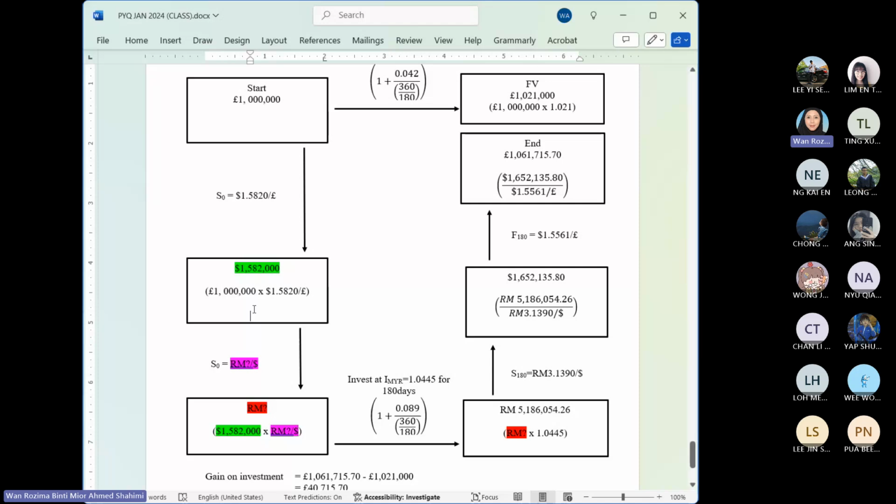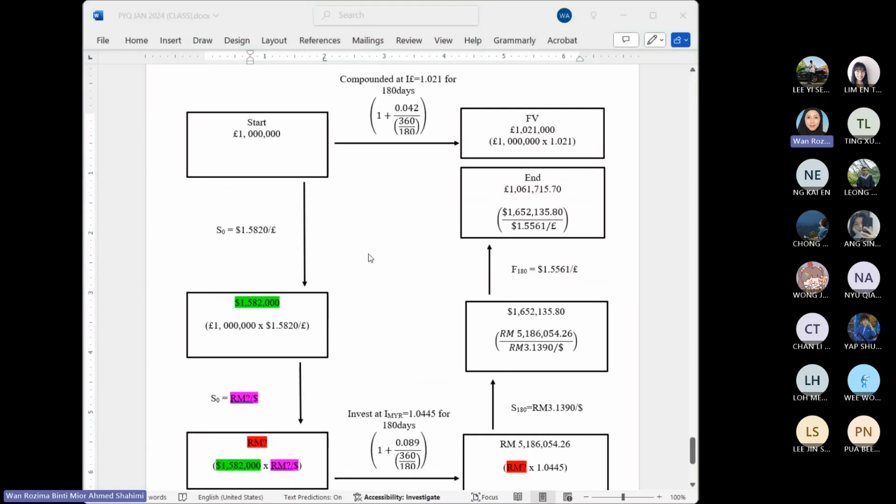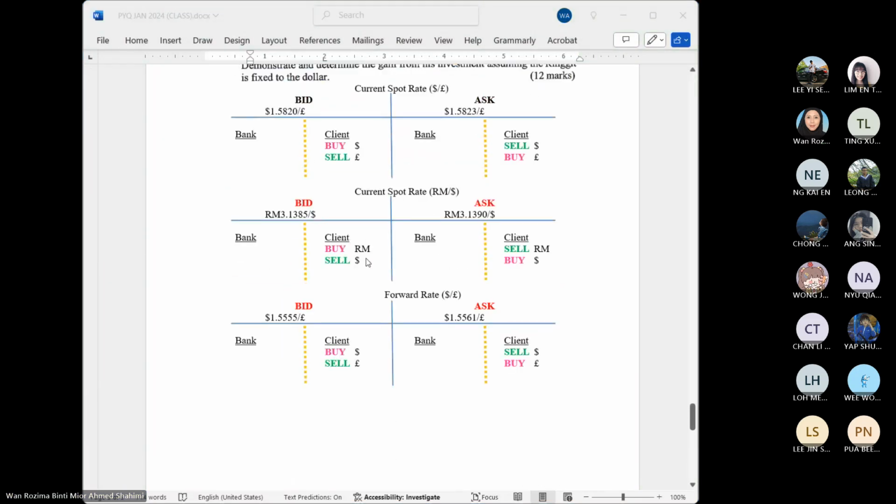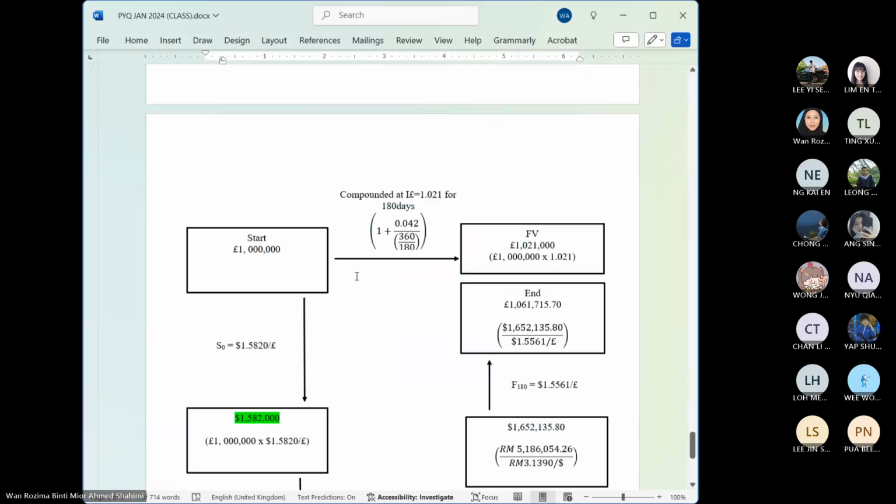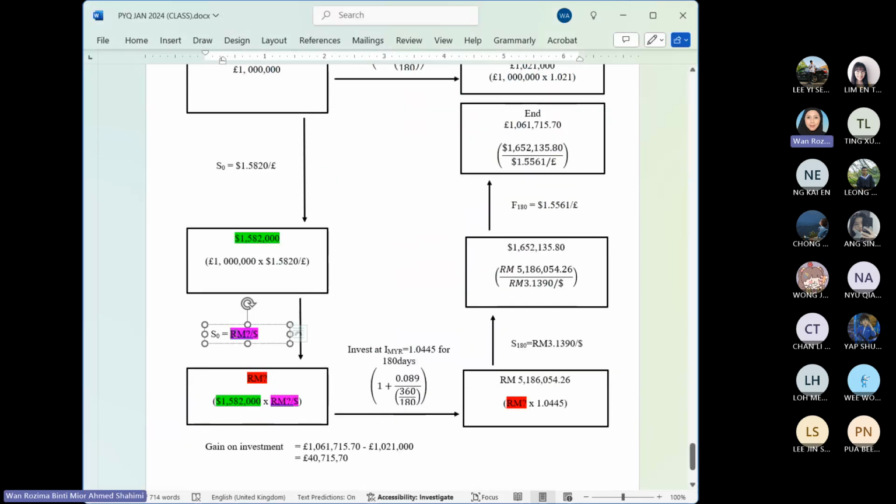So now sell USD and buy Malaysian ringgit. Again, use the bid price, and then you put it here.